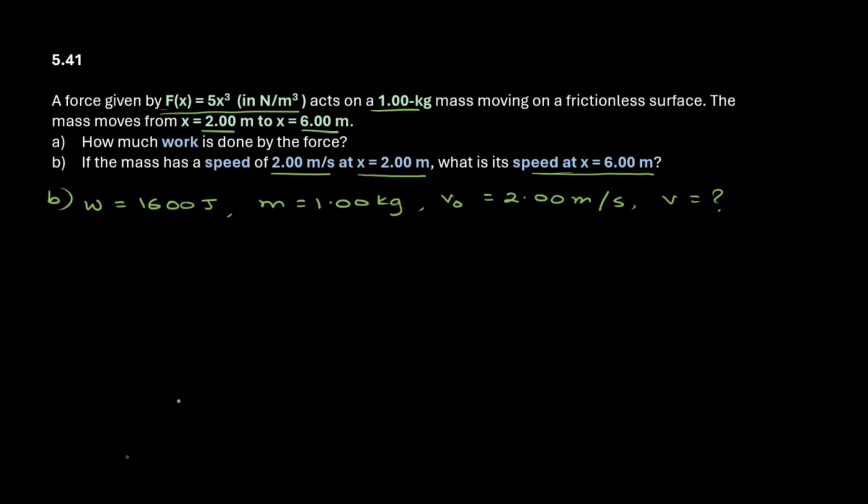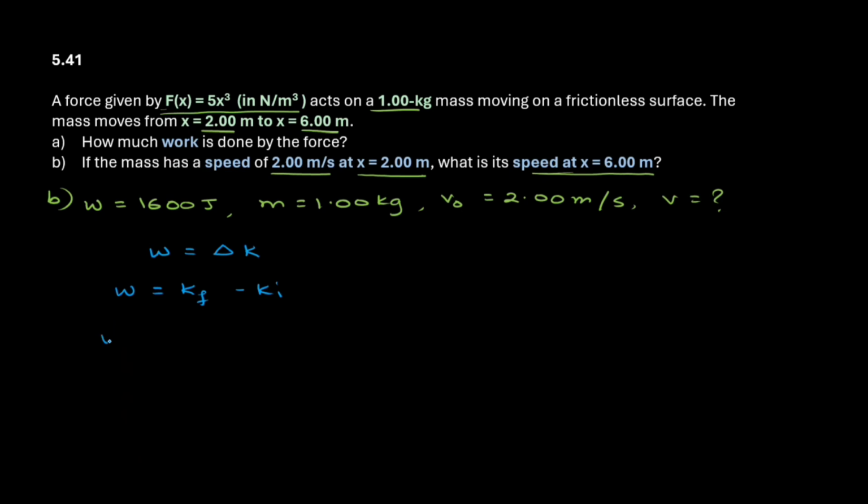To solve this, we are going to use the work kinetic energy theorem. We know from work kinetic energy theorem, work done is equal to change in kinetic energy. So we can write the work done to be equal to K final minus K initial. We know that we can write kinetic energy as half m v squared.